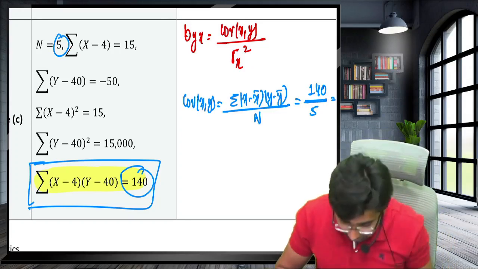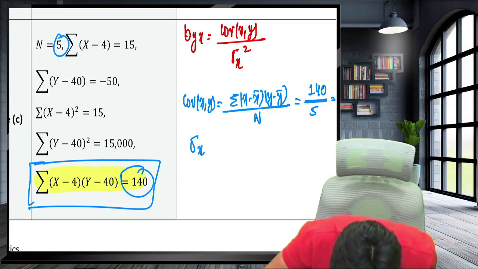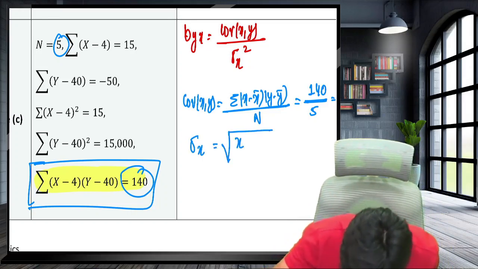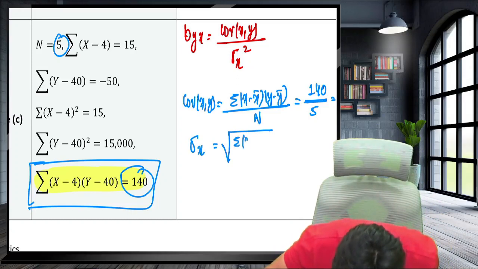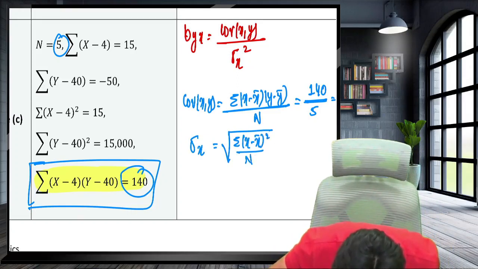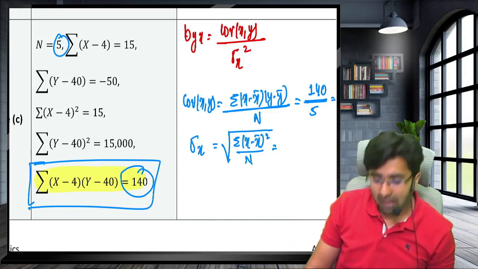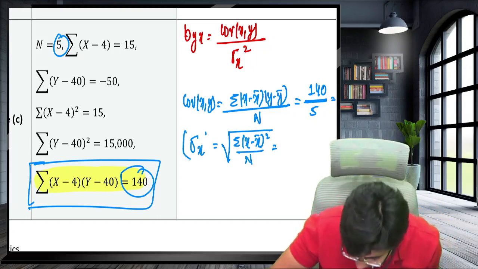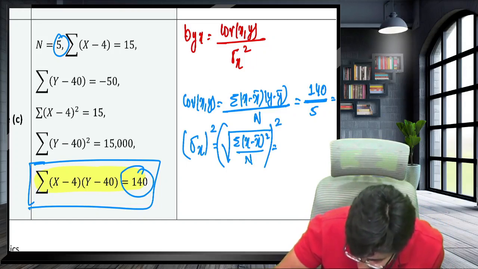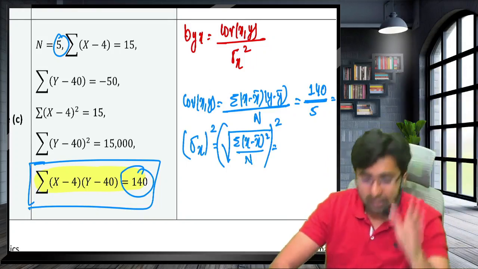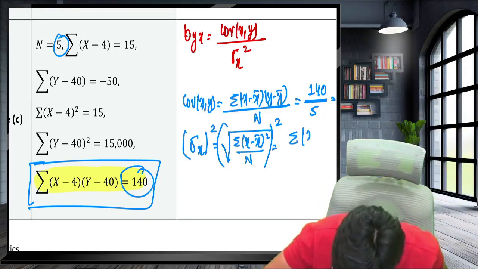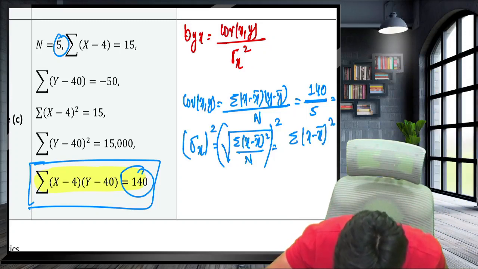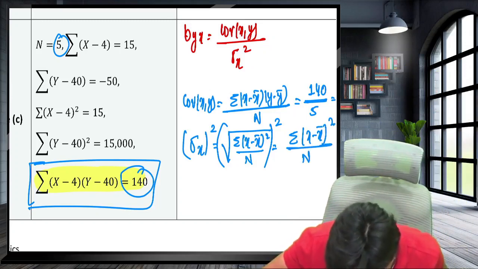Now, can you compute the standard deviation of x? Yes sir, that is the under root of the summation of x minus x bar whole square divided by n, the number of observations. Sir, I need to compute the square of it. So when I take the square, my under root will vanish. It will be just the summation of x minus x bar whole square divided by n.